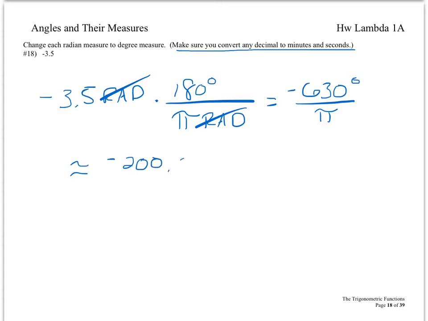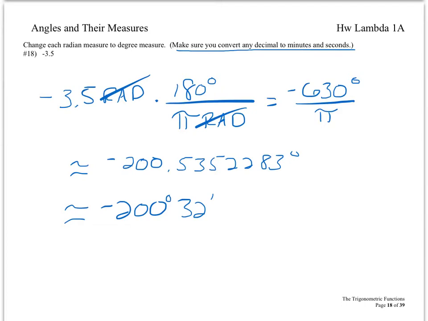Negative 200.5352283 degrees. That's negative 200 whole degrees. I'm then going to take the decimal part of this and multiply it by 60 to convert that to minutes. That gives me 32 full minutes. When I multiplied that, I got 32.1136975.